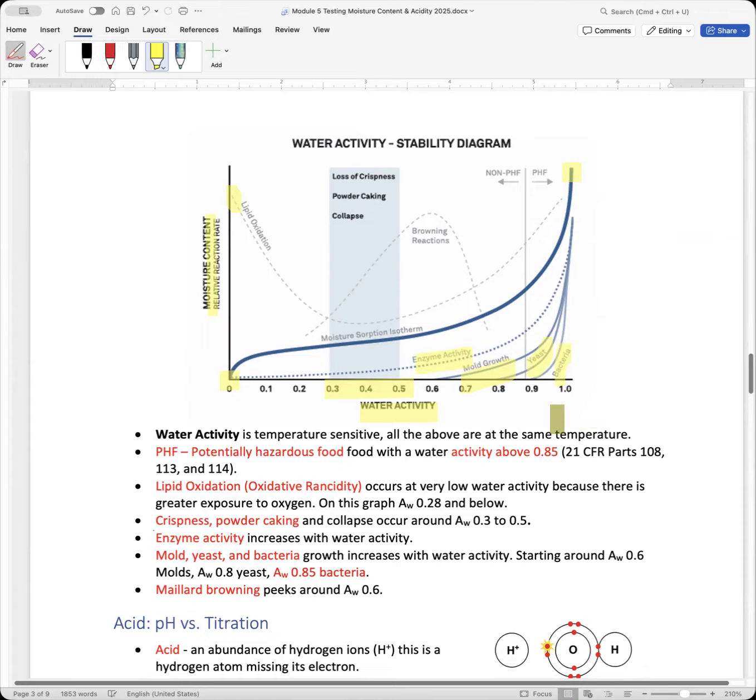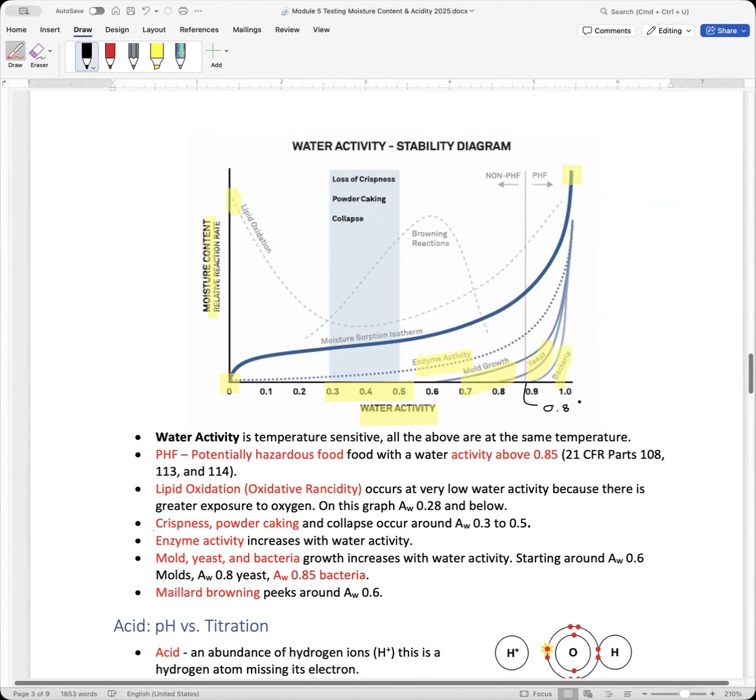When I said before that potentially hazardous food is 0.85, this looks a little high right here, but that's where they drew the line. 0.85 was the magic number. You can see that bacteria don't start to grow until quite a little bit higher than that. So while you might get yeast and mold growth in your soy sauce, you're not likely to get any bacteria growing in there. So it's not likely to make you sick. Yeast and molds make things taste bad, but they don't make you sick.